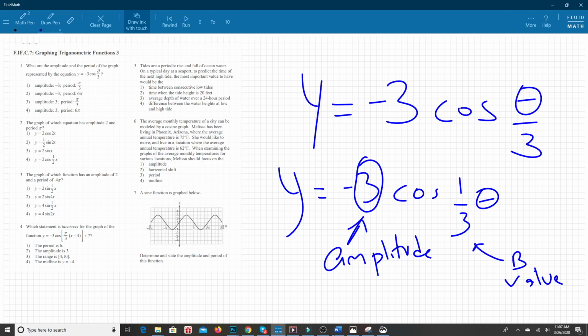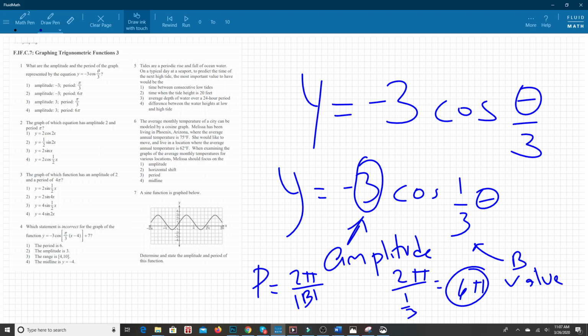Right? And then since our b value is 1/3, we have to use the formula for the period. The formula for period is equal to 2 pi over the absolute value of b, right? So that's going to be 2 pi over 1/3, which is equal to 6 pi.